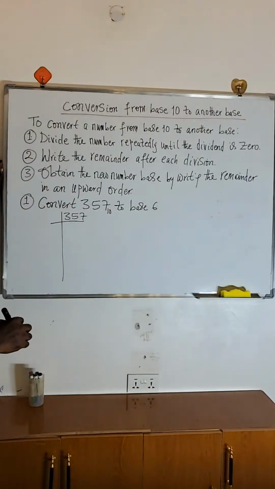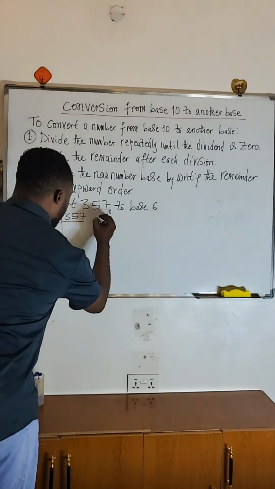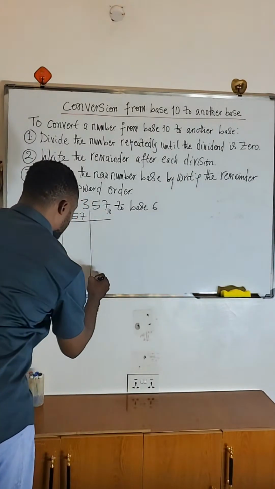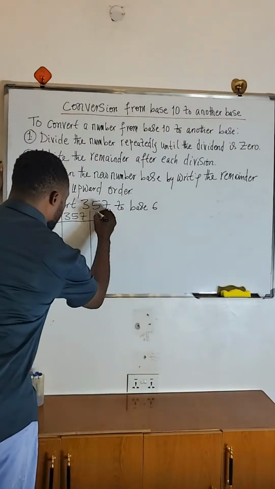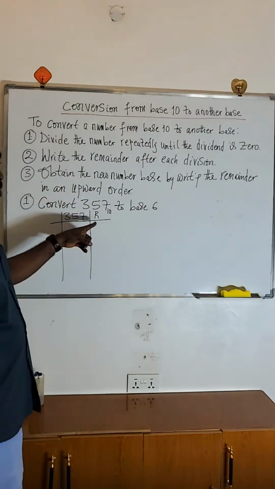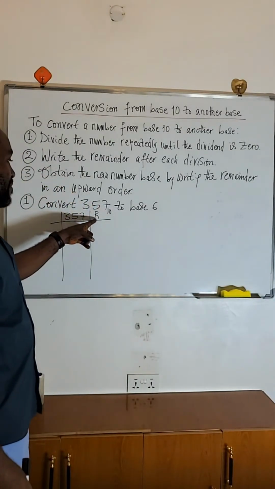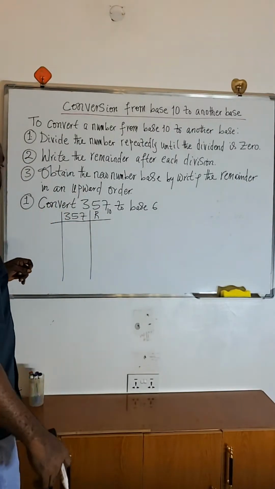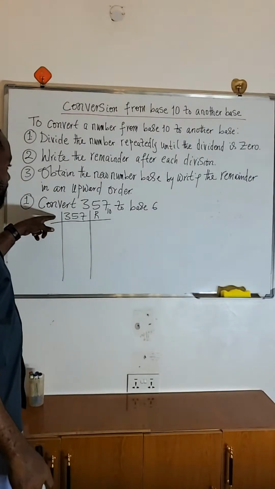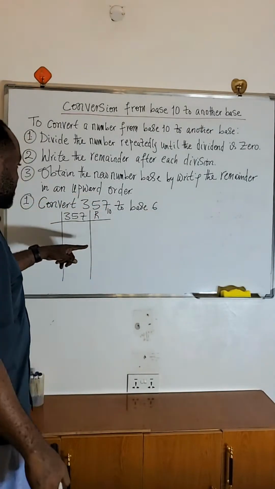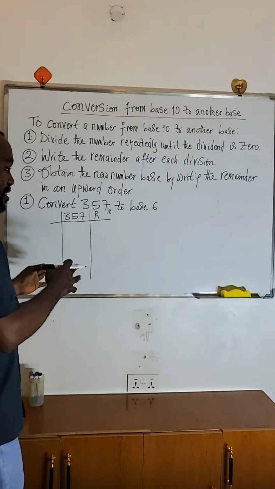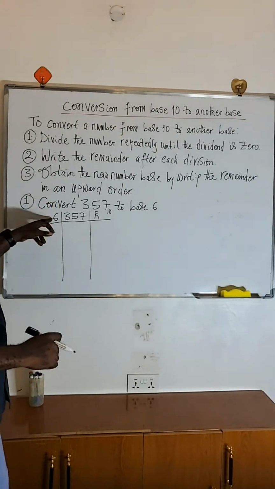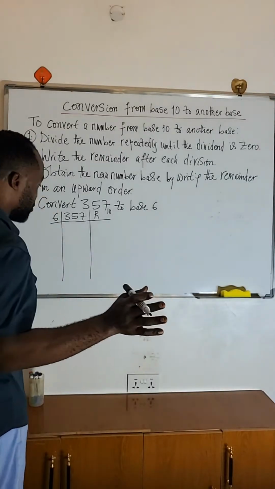And here we are going to have what we call the remainder. I choose to represent my remainder by the capital letter R. So here I'm going to fix the new number base, which is 6.